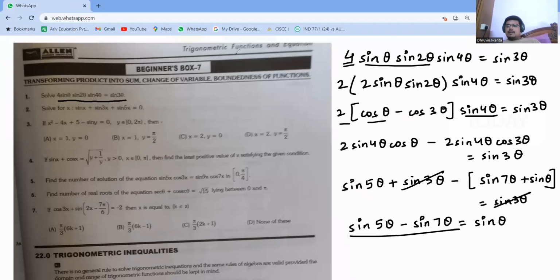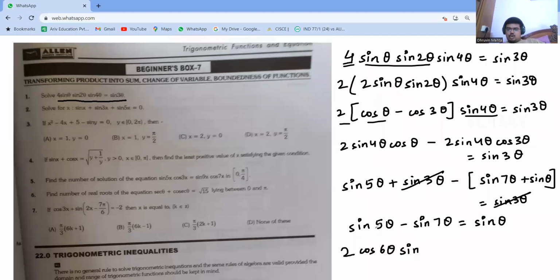This time we'll use the factorization formula sin C minus sin D. So do that and tell me what will we get when we use sin C minus sin D. Cos 6 theta sine theta is equal to sine theta.